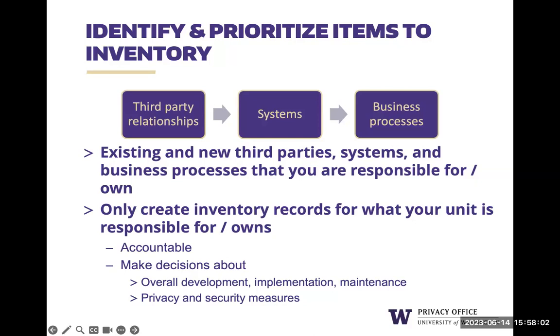Units only need to create records for what your unit is responsible for or owns. At a large, complex university like the University of Washington, with its centralized and decentralized structure, many units use systems or services that are centrally managed by other organizations, such as a central UW IT or a college or school IT, or participate in business processes that are managed by central units like Human Resources or the Office of the University Registrar.